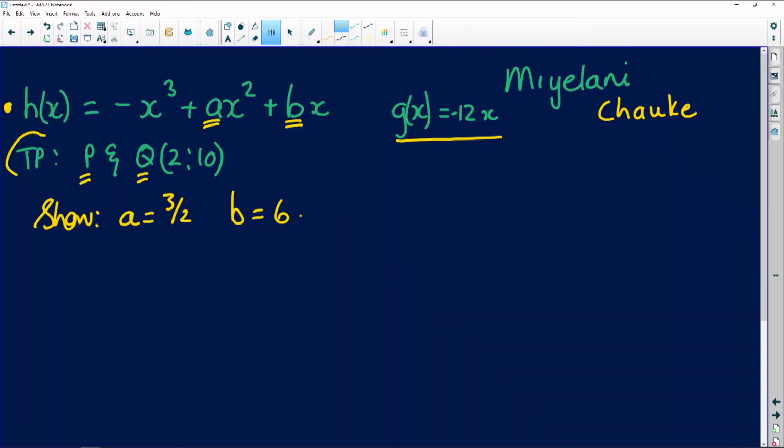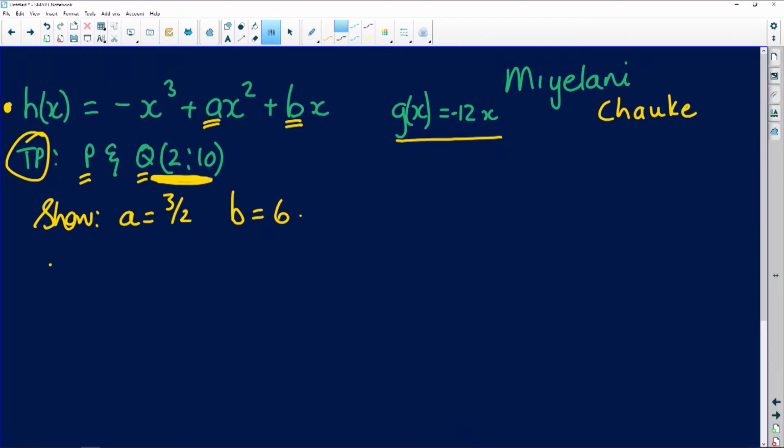For the root of multiplicity 2, it was an x-intercept as well as a turning point. Now look at this. They tell me the turning point lies at that point. So there's your 2 bits of information. And this is what makes this question difficult, Miyelani: if you don't interpret it the way I'm going to show you now, then you're going to be lost. You won't have enough information to work with.